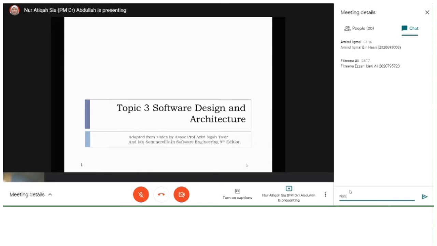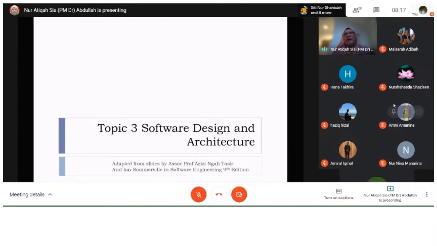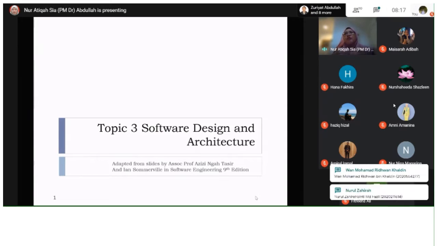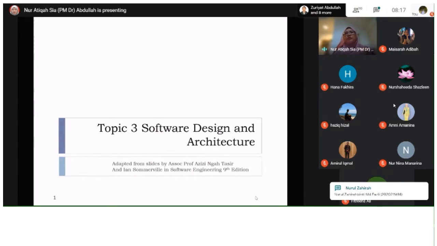Actually, between requirement engineering and design and architecture, there is some redundancy, because during the requirements you might need some graphics, some tabular format, some illustrations or diagrams to represent whatever you want to implement in your software.